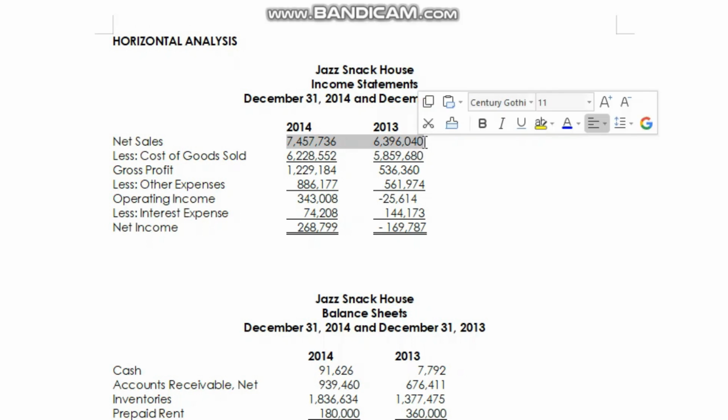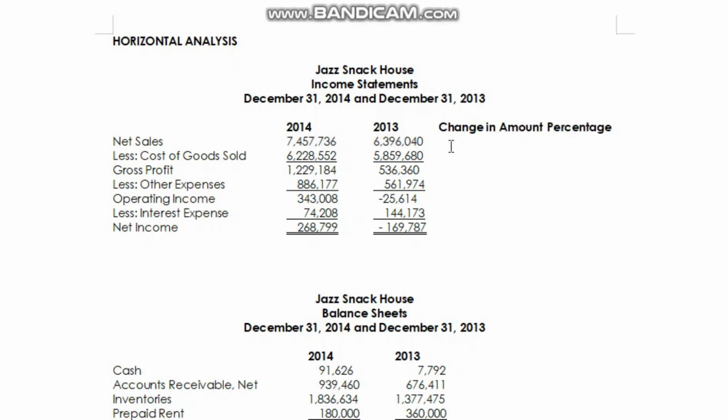So that's 7,457,736 minus 6,396,040, and you're going to get 1,061,696. So this is the change in amount. And then, how do you compute for the percentage?